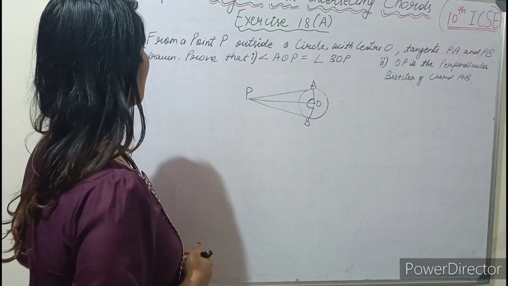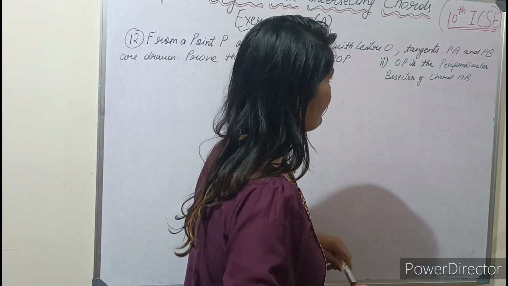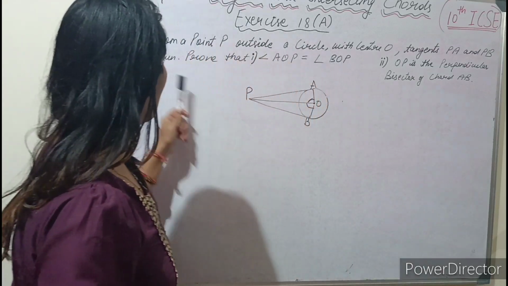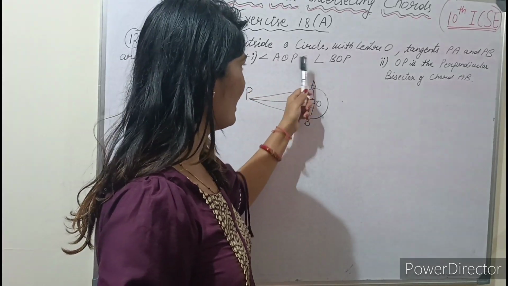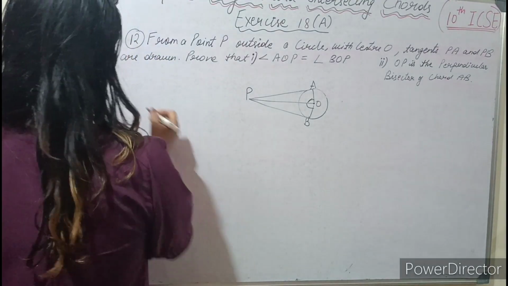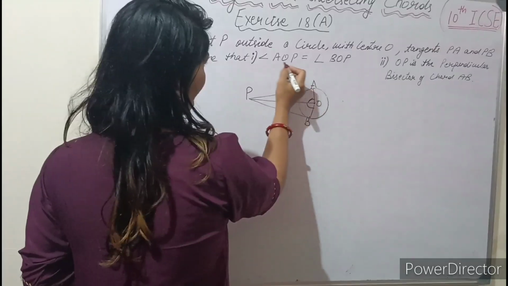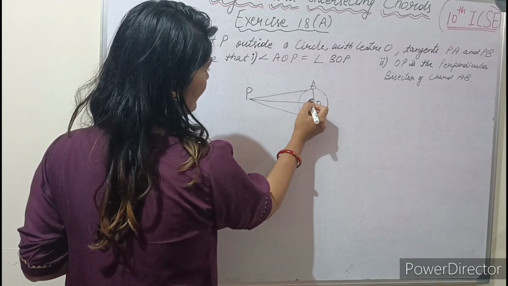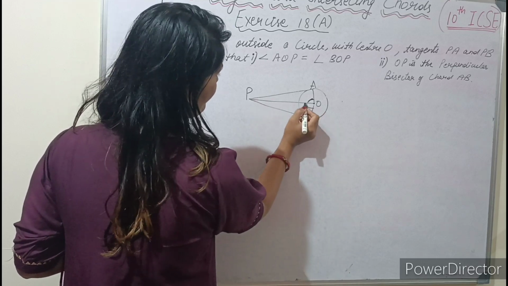Moving to question number 12. From a point P outside a circle with center O, tangents PA and PB are drawn. Prove that angle AOP is equal to angle BOP. So let's start solving. In the first part you have to prove that angle AOP is equal to angle BOP.